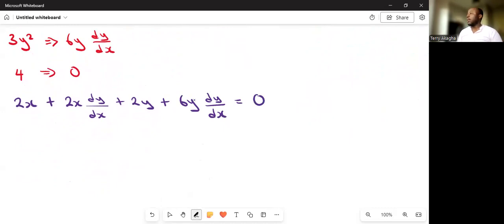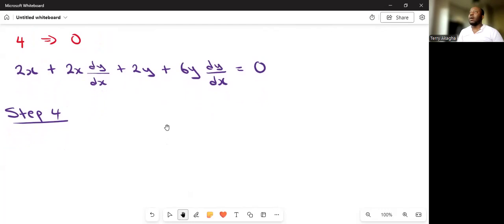0. Now, we're going to go to the next step, step 4. Now, step 4, please, that's the reason why I said you need to write the step down. Step 4 said you have to make dy dx the subject of the formula and simplify, okay? So what are we going to do? We're going to take all the other variables to the other side.